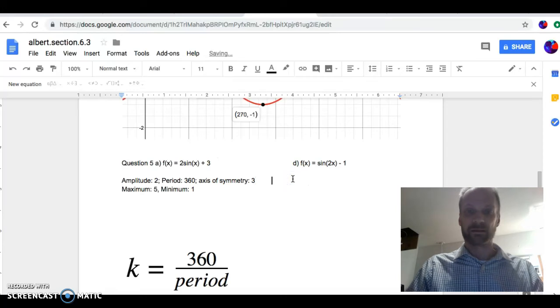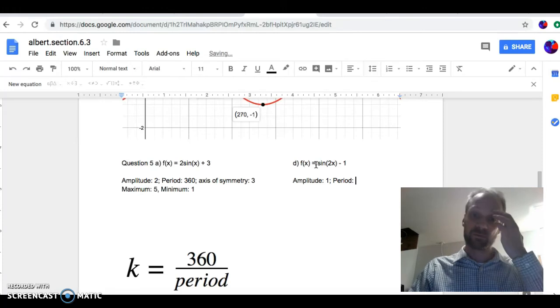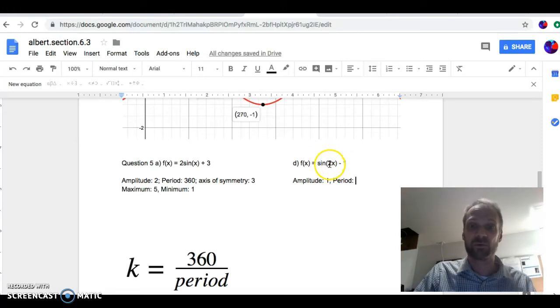Okay, now I can come across to this guy here. Amplitude is here at the front, so it's an invisible 1. The period now is a little bit trickier because it says 2. I have to work out this formula down here.